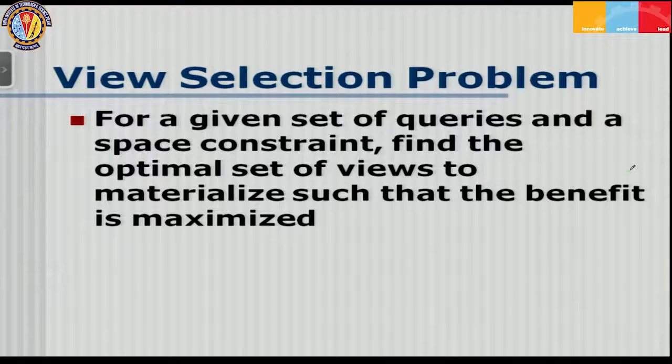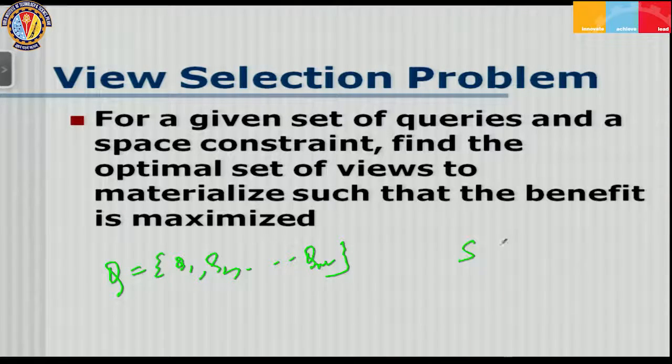You are given a set of queries, Q1, Q2, ..., Qn, and a space constraint. I'm saying that the space occupied by the materialized views has to be less than, say, 10 GB. I'm just writing some numbers here.